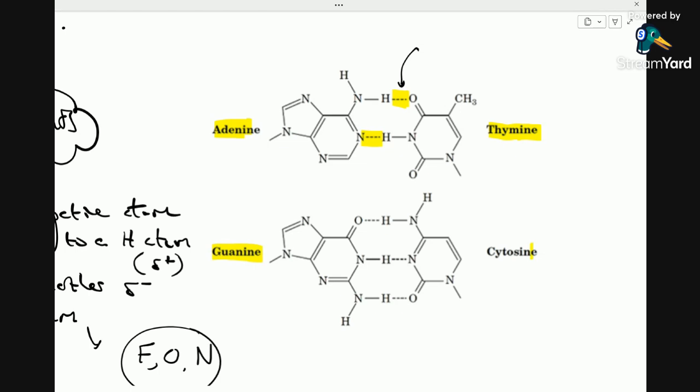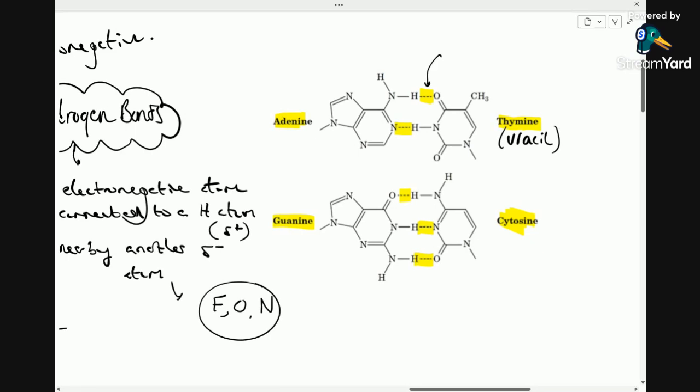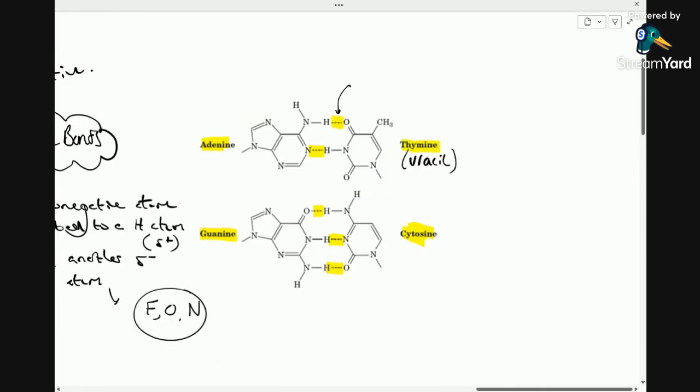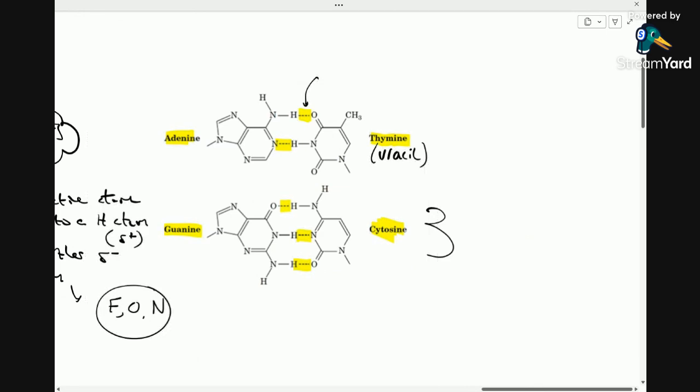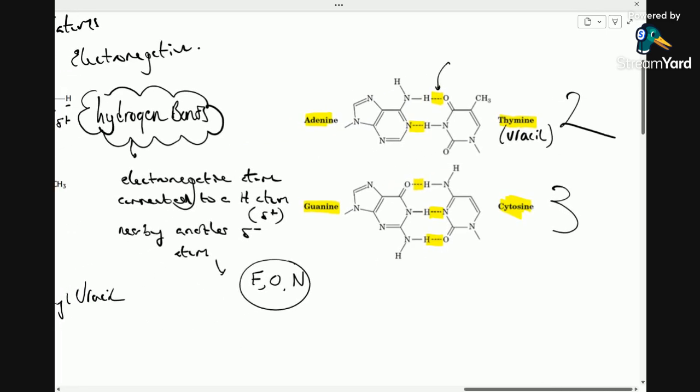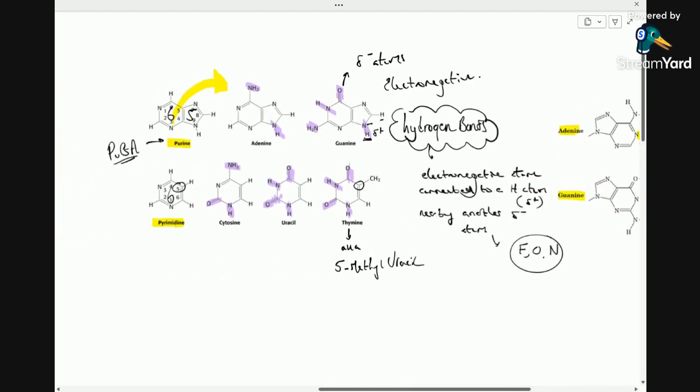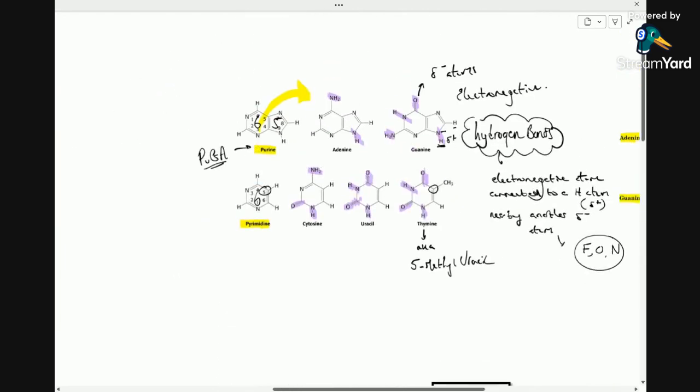Between G and C, we have 3. And it's also worth just pointing out that thymine here, of course, can substitute for uracil as well. So 3 hydrogen bonds between G's and C's, and 2 hydrogen bonds between A's and T's, or A's and uracils. So worth bearing in mind that.